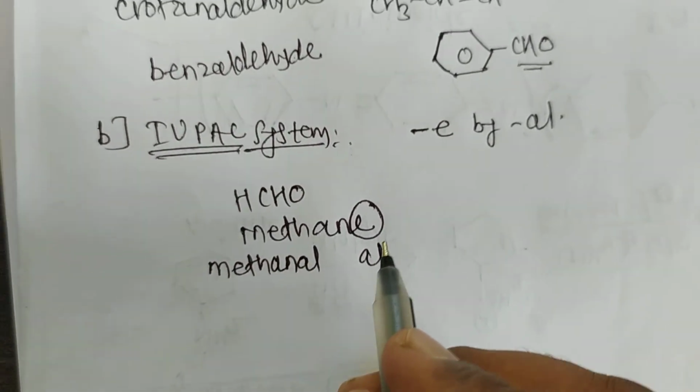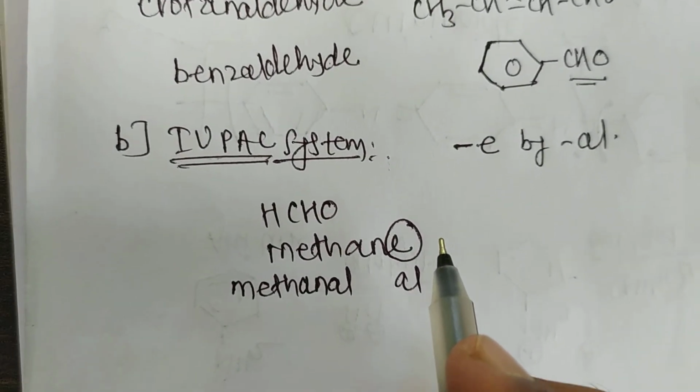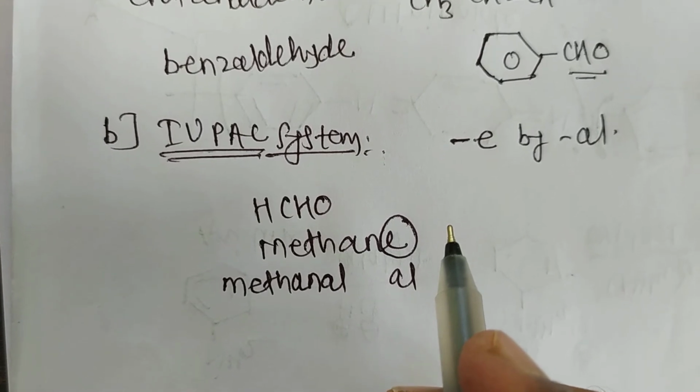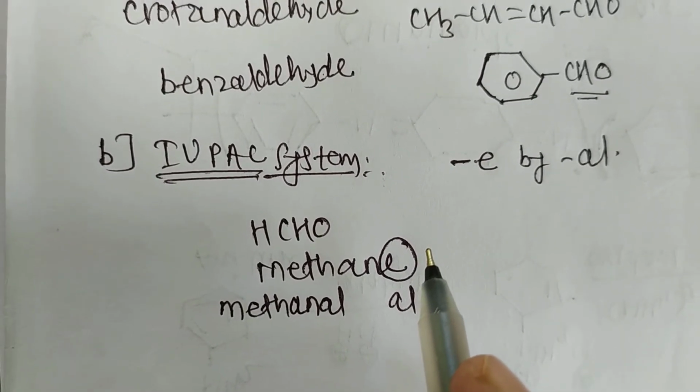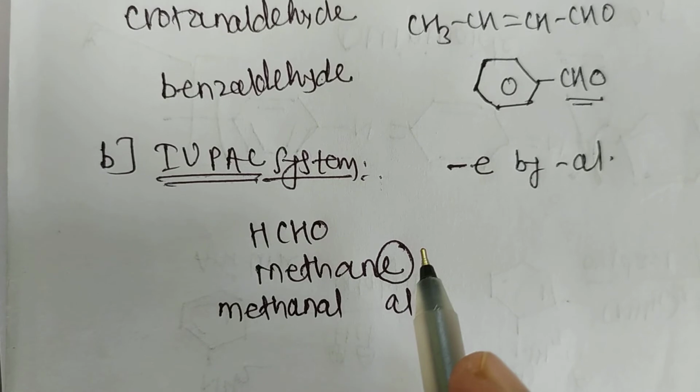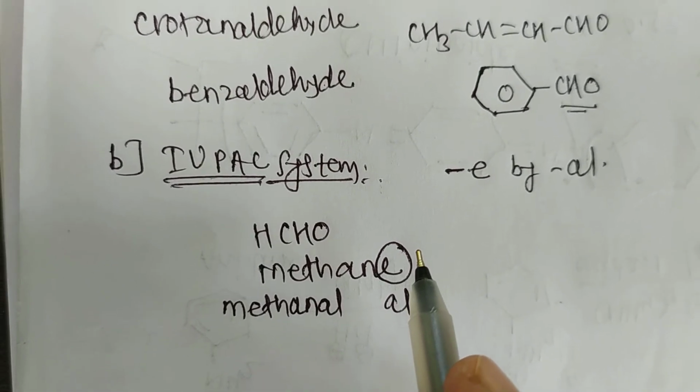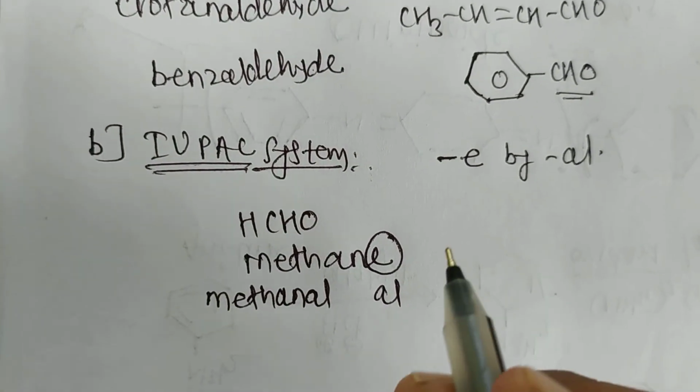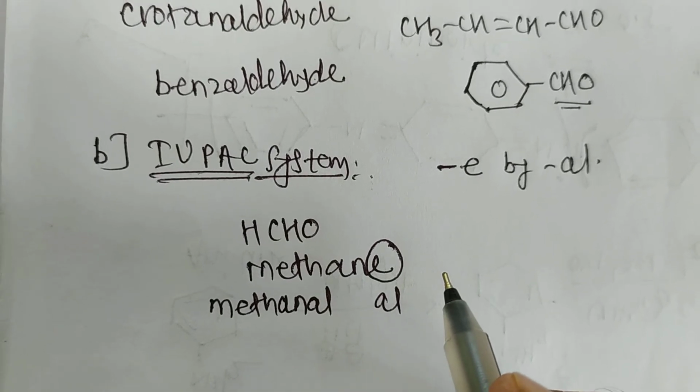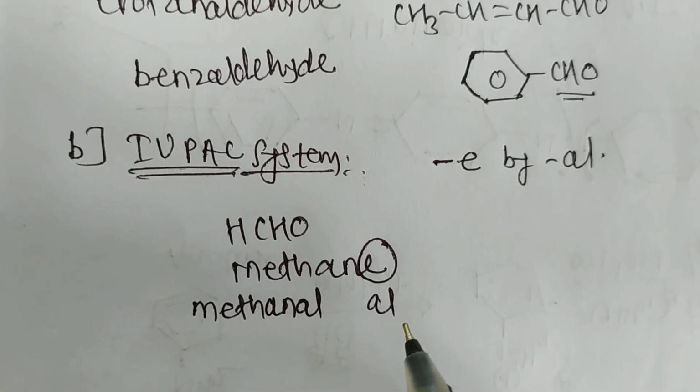Therefore, what happens in the IUPAC nomenclature system? First, we identify which alkane the aldehyde is a derivative of. Then the last E of the alkane is replaced by Al.